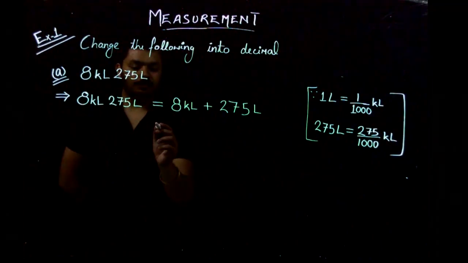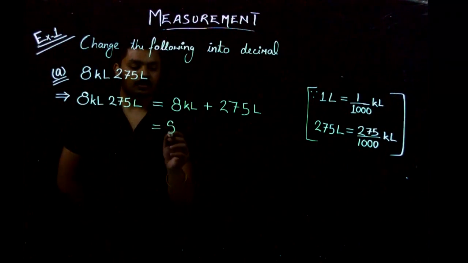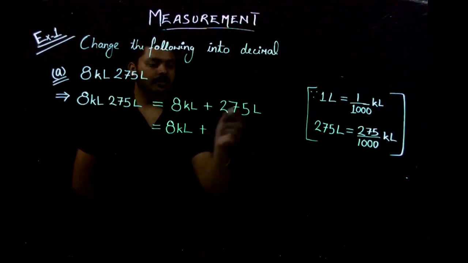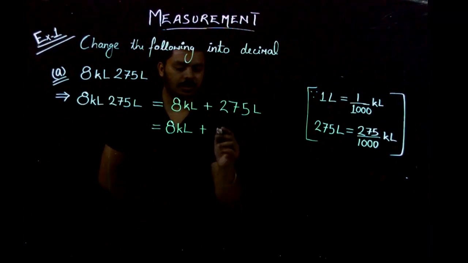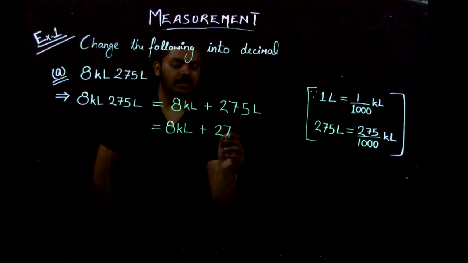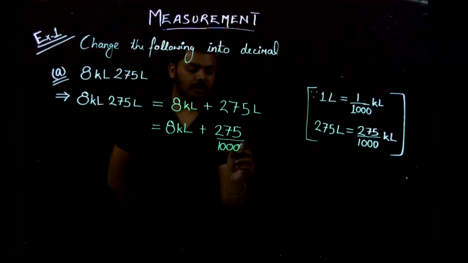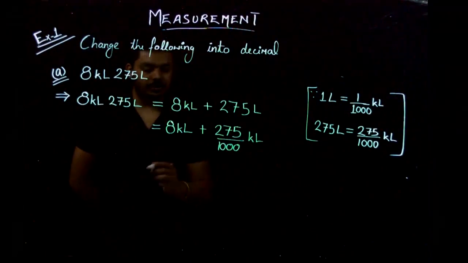Therefore we can write 8 kiloliter as it is and convert this from liter to kiloliter, that is 275 divided by 1000 kiloliter.